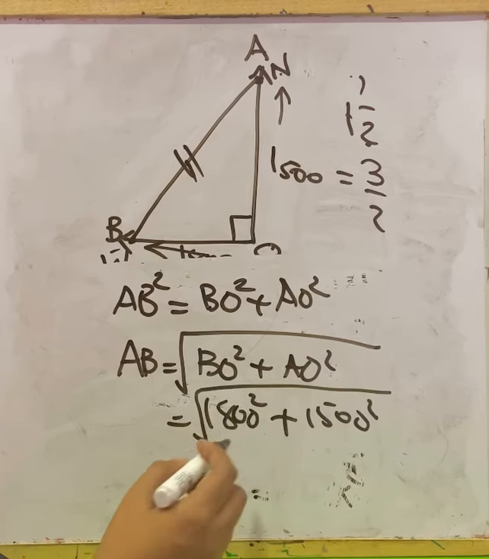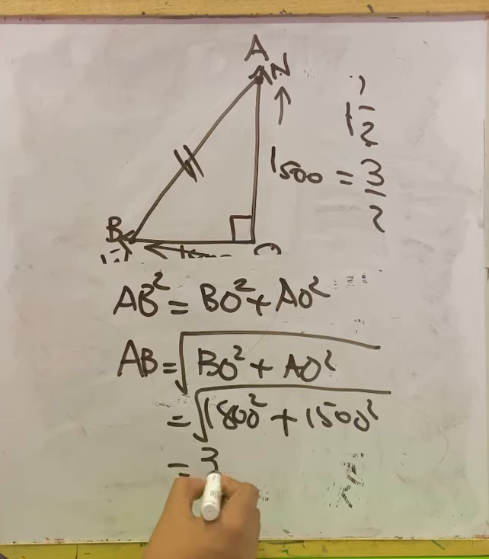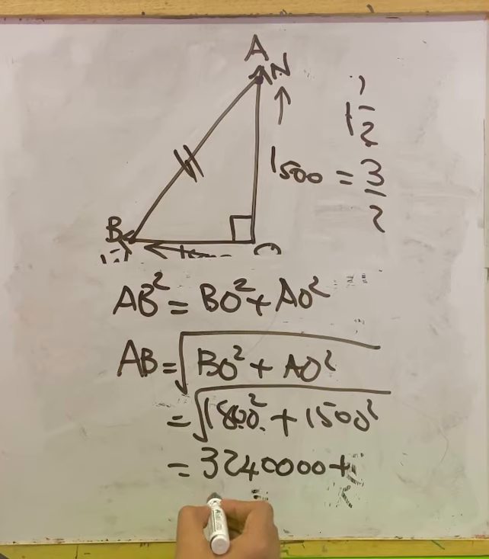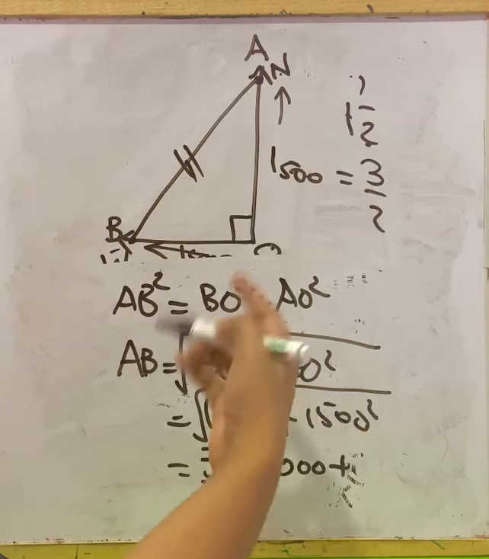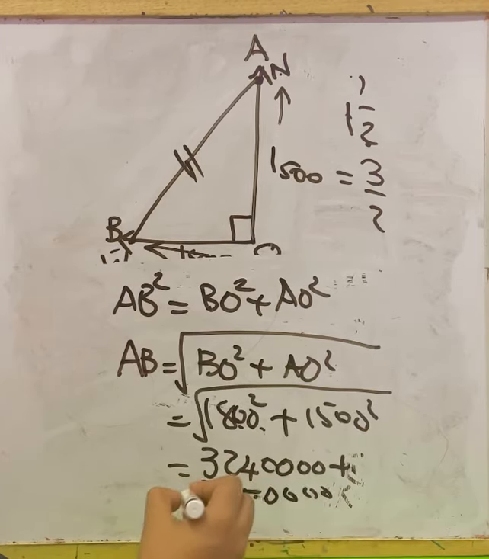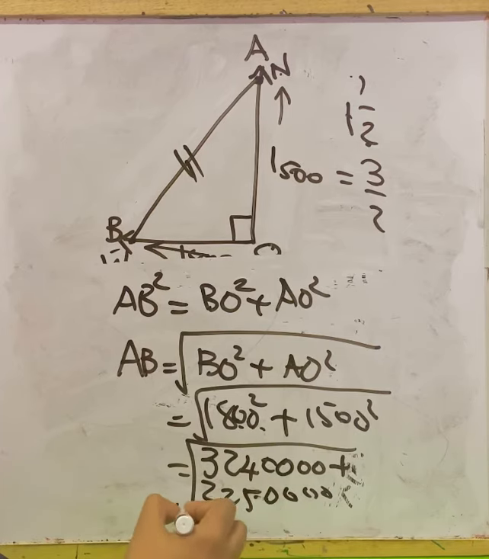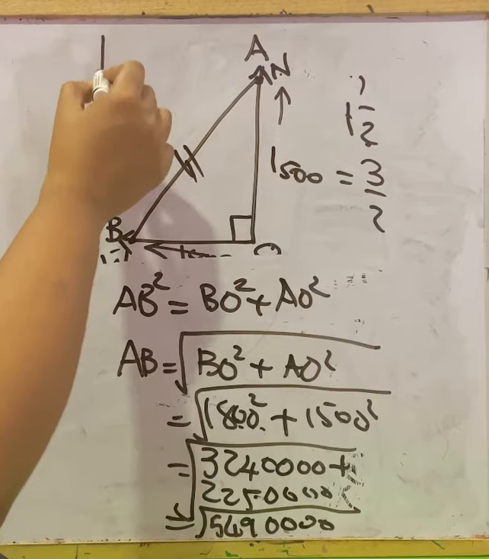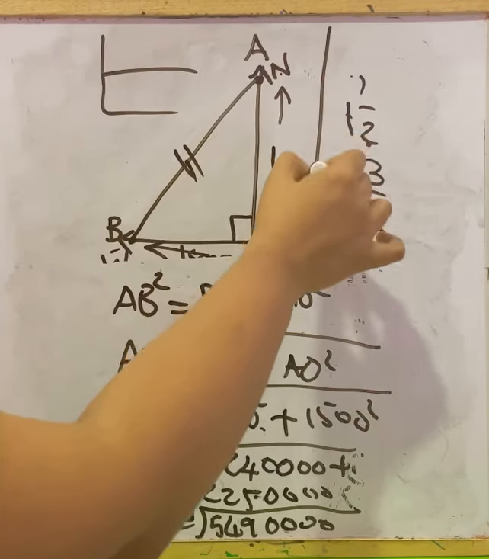Under the square root, 1800 square is 18 square and 4 zeros. 18 square is 324, and squaring the two zeros becomes 4 zeros, plus 15 square, we know 225, and here 2 zeros, after squaring it becomes 4 zeros. So inside the square root we have a bigger value, that is 5490000. You have to find the square root using prime factorization or the division method.